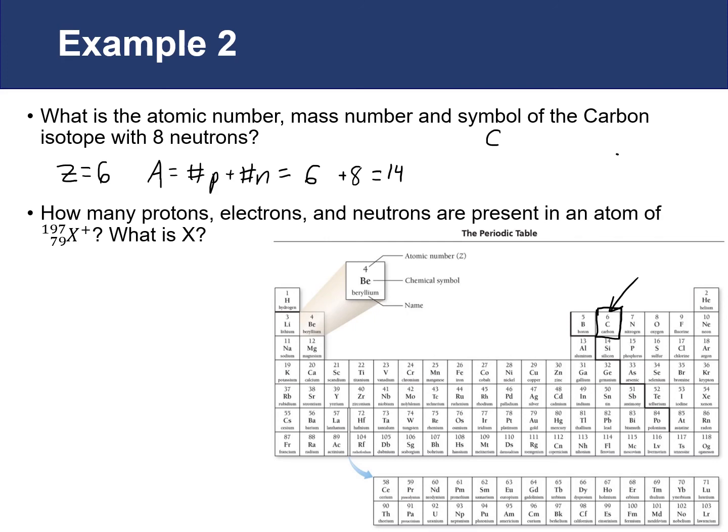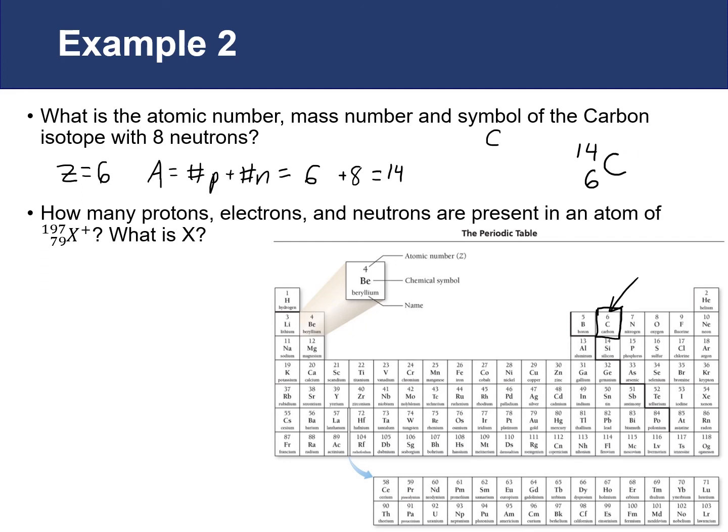So our shorthand symbol would be carbon 14. This is in itself a way of representing it. Or we could also add our 6 in the bottom left. Again, because this doesn't say anything about it being a cation or an anion, our charge, which sometimes appears in the upper right, would be 0, and for this reason we leave it out.